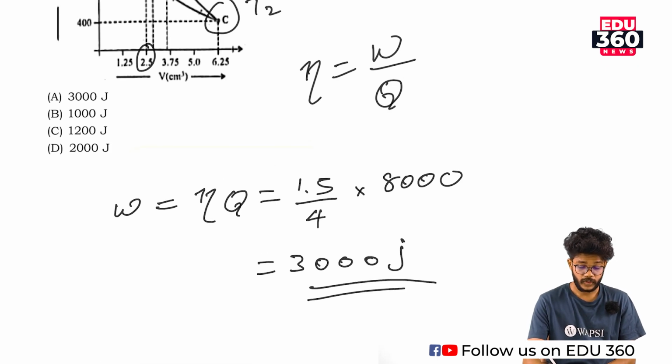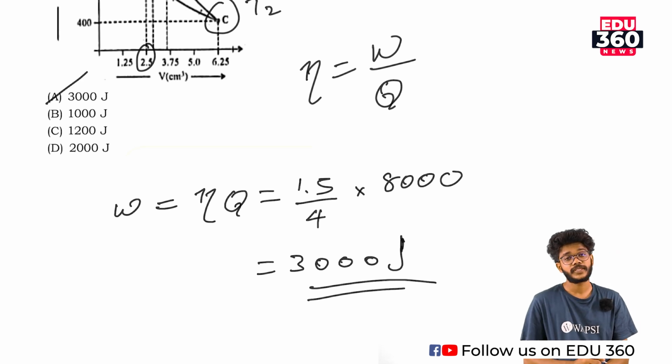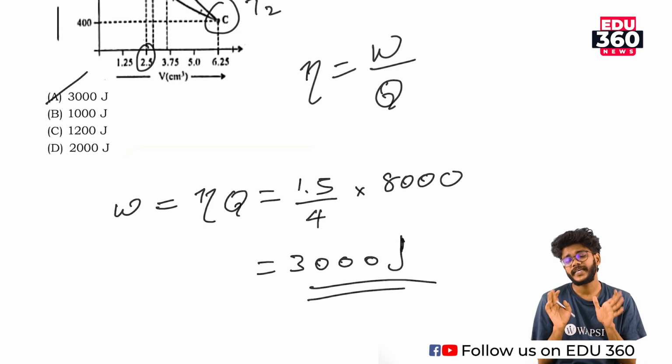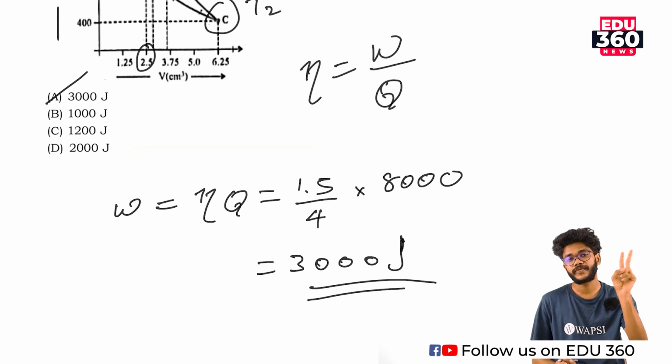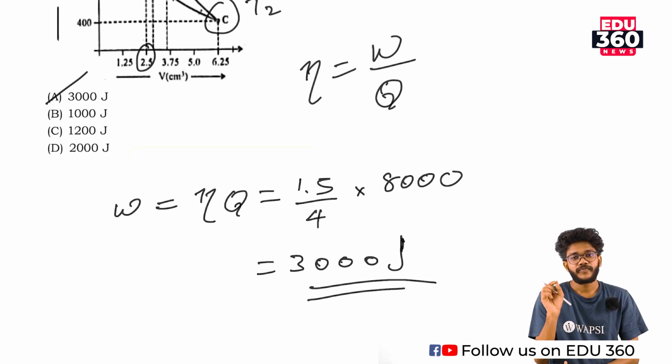Which option is the correct answer? Option A is the correct answer. What we need to focus on here are the two equations for the efficiency eta, which are the fundamental thing.